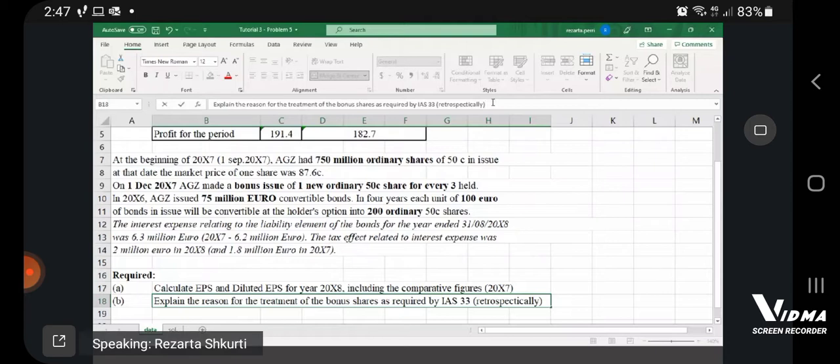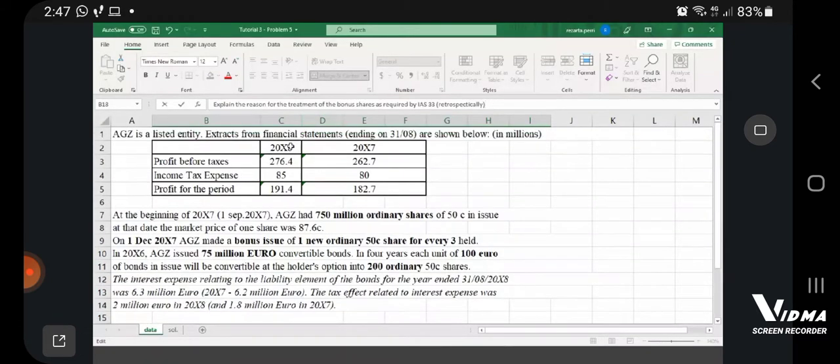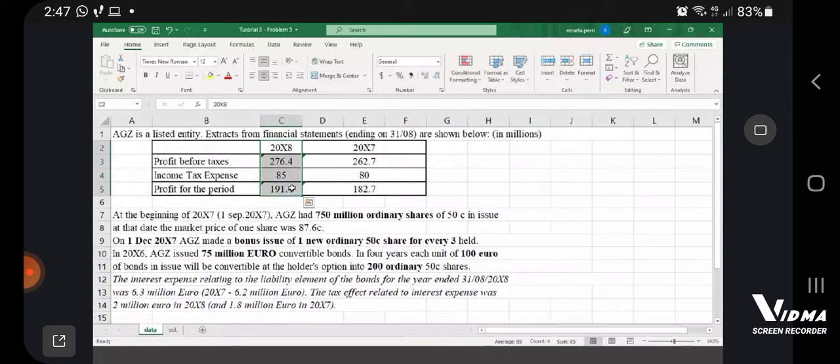That is the earliest period reported by the entity. Now, if the entity is preparing financial statements of 2018, following the requirements of IFRS, it should present comparable information of the previous year. So you should always present information for 2 years in financial statements, okay?